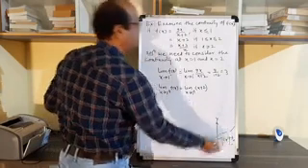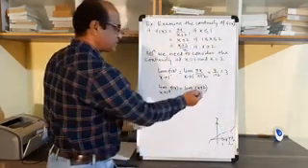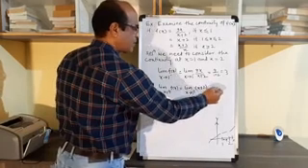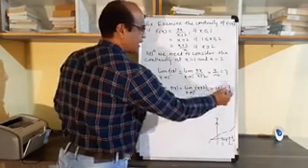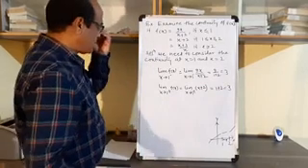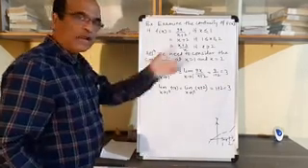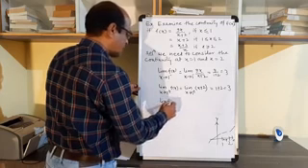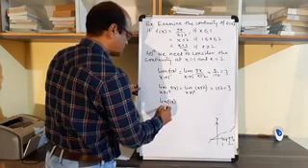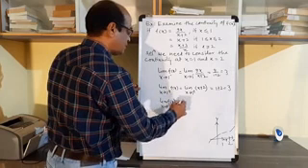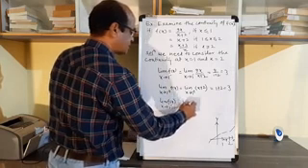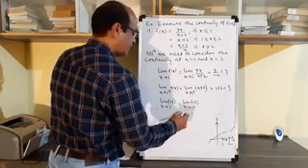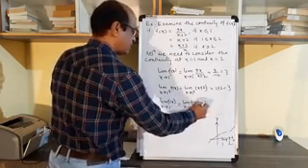In between 1 and 2, the function is x plus 2. Put x is equal to 1: 1 plus 2 is equal to 3. So left hand limit is equal to right hand limit, so the limit exists there. Limit of f(x) as x tends to 1 minus is equal to limit of f(x) as x tends to 1 plus, therefore equal to 3.